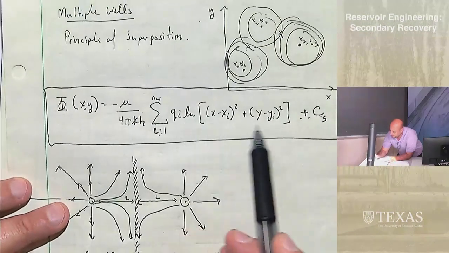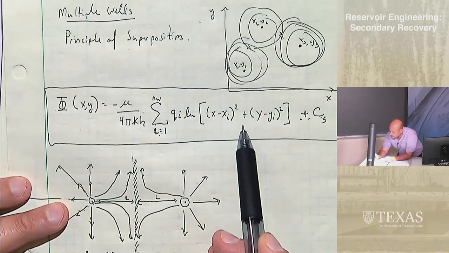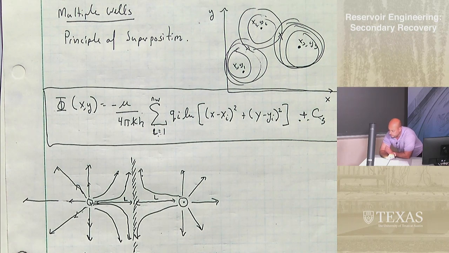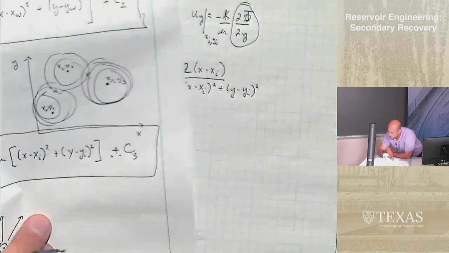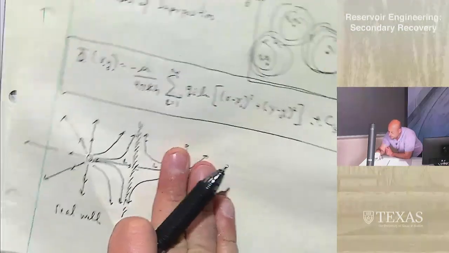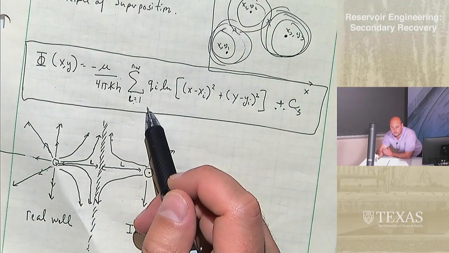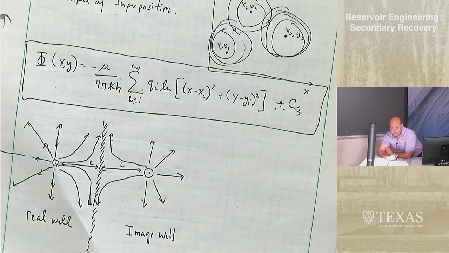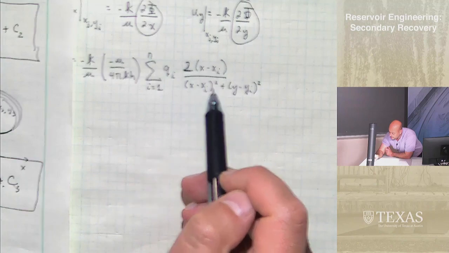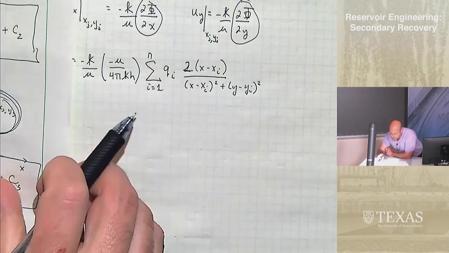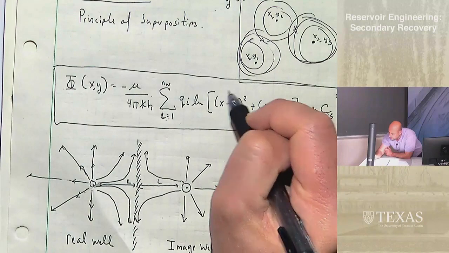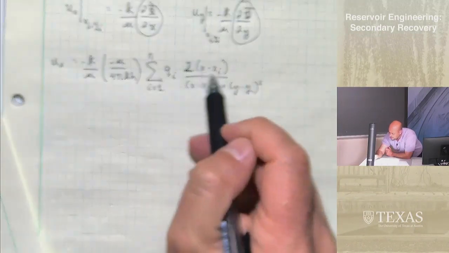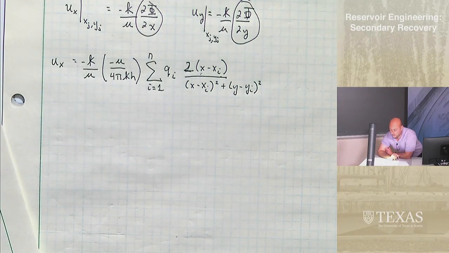Then I have to take the derivative of this ln of (x minus xi) squared plus (y minus yi) squared. It's a little complicated, but the derivative of ln of z is 1 over z, so you get (x minus xi) squared plus (y minus yi) squared in the denominator. But then you have to take the derivative of the inside, so it's 2 times x minus xi.